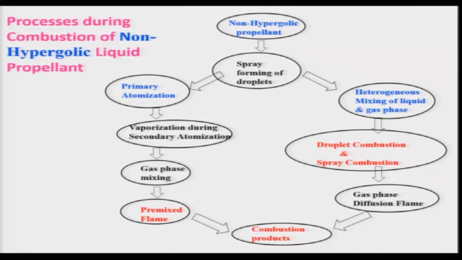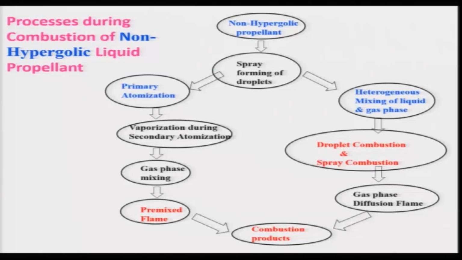When you talk about non-hypergolic propellant, that means there is no liquid phase combustion. So, first it has to be converted into a spray forming liquid droplets, and this may be a primary atomization. That means the ligaments are separated from the bulk liquid, and then a ligament may lead to a droplet due to the surface tension forces.